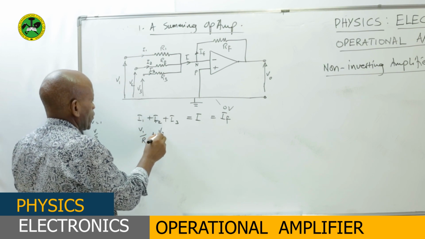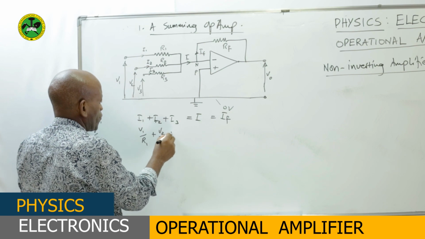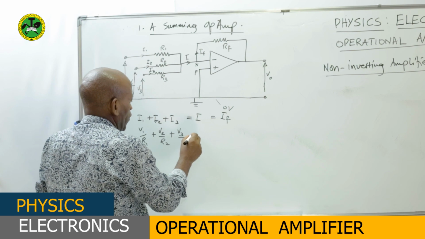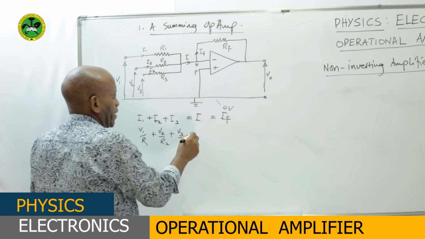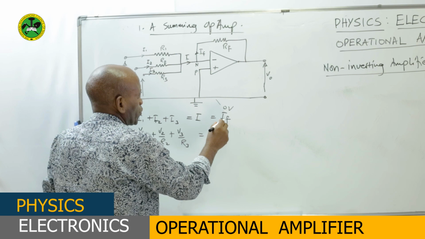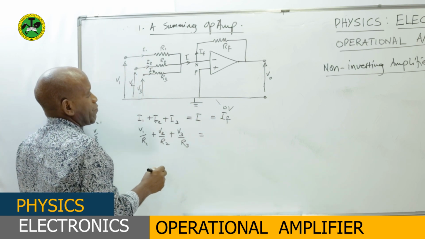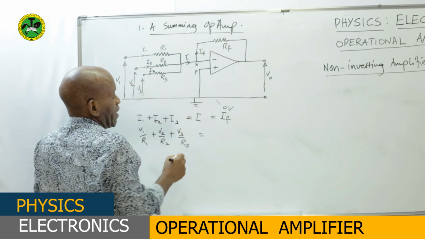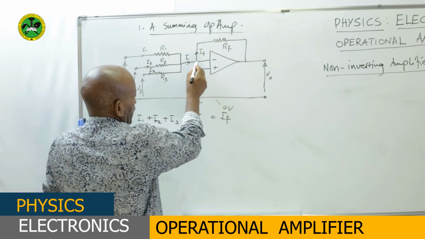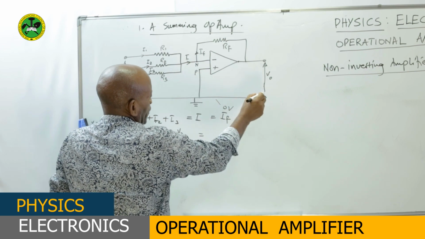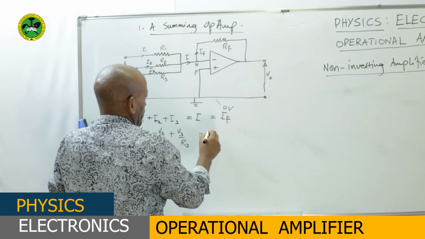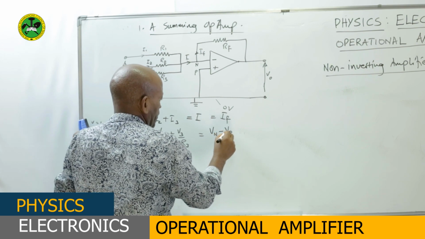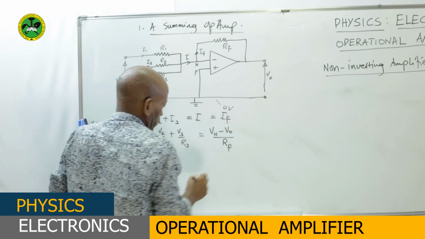For I2, this will be equal to V2 over R2. For I3, this will be equal to V3 over R3. The whole of this makes the sum total of the current I, which will be equal to the current IF that goes to the feedback resistor, and this depends upon the voltage at this point minus the voltage at that point. So this will be equal to Vn minus Vout over RF.